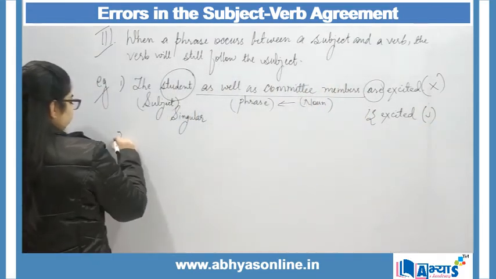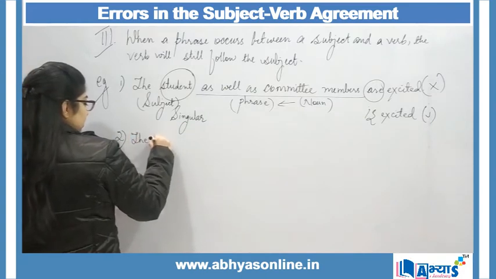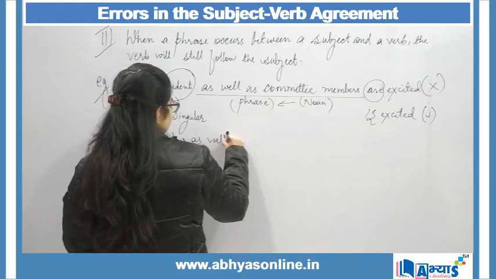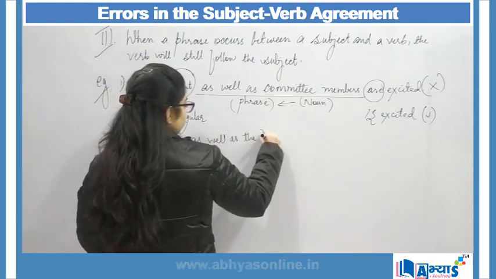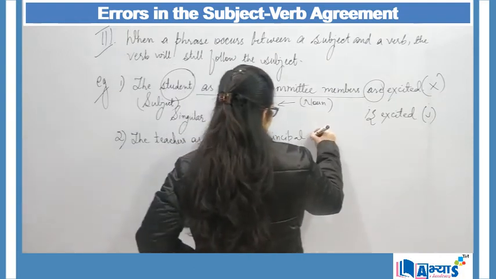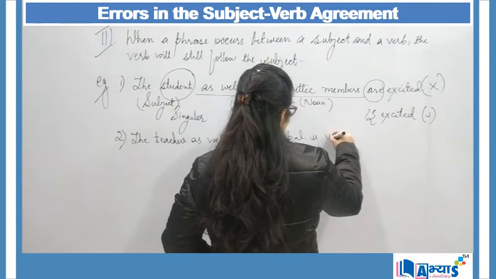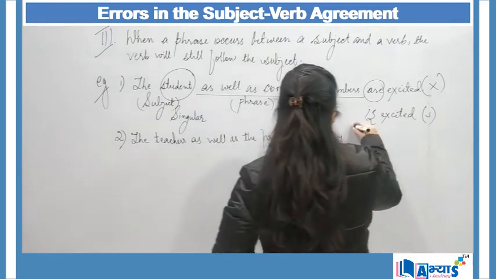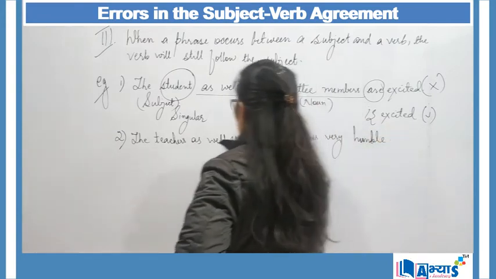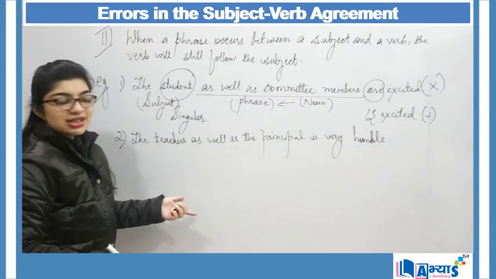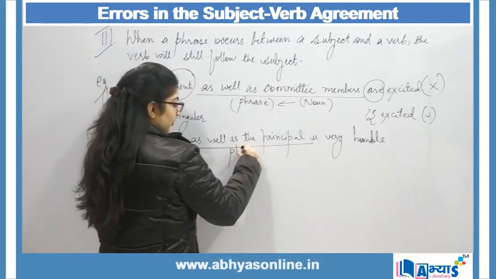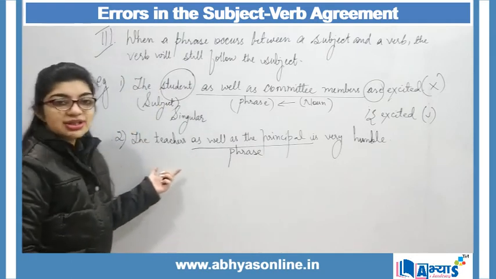When I say the teachers as well as the principal is very humble, here as well as the principal is again my phrase, but I have to go along with the subject.